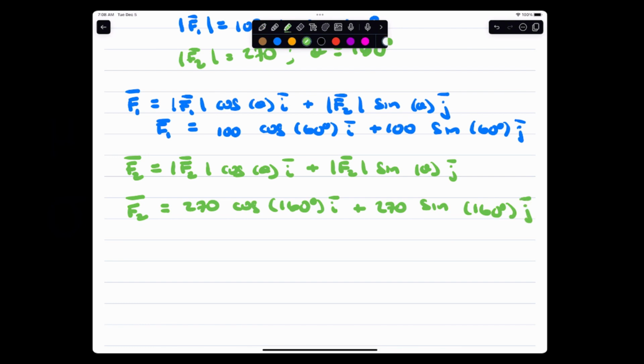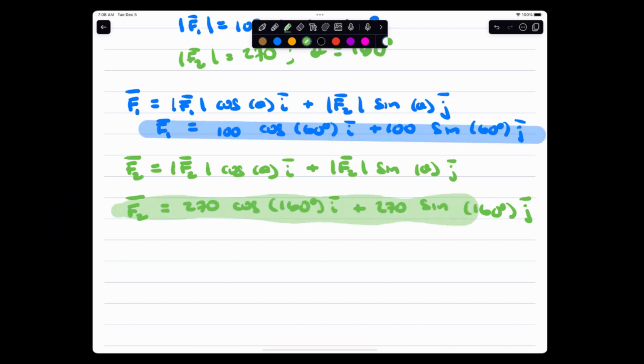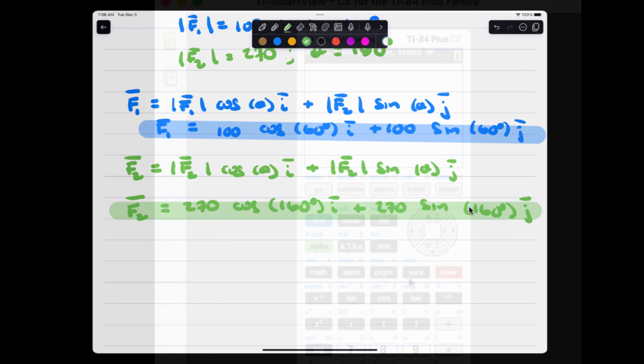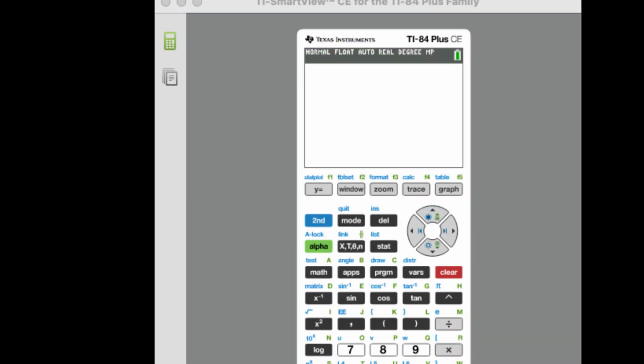So let's take a look. These are the two IJ form vectors, right? Horizontal, vertical components. Let's get those vectors. So in order to get those vectors, we're going to have to get out the TI, and the TI is here. So good morning, TI.